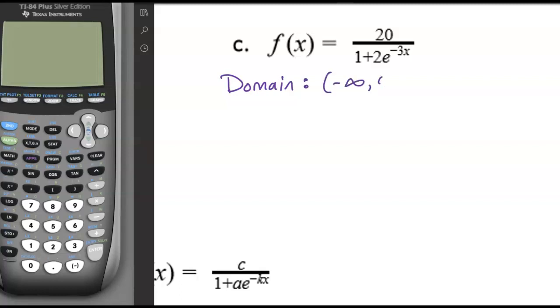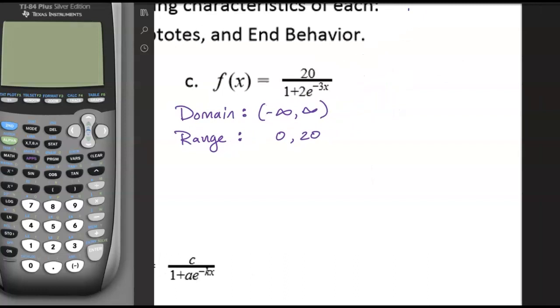Wonderful. What about our range? Yes, it goes from 0 to 20 because that's where our what are? Asymptotes. Our asymptotes are at y equals 0 and y equals 20.